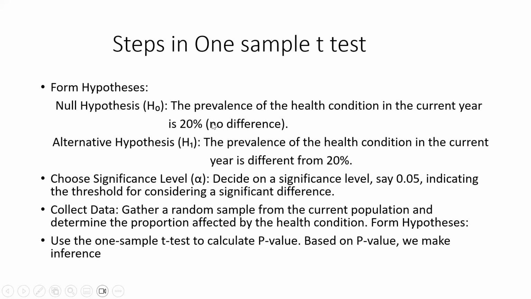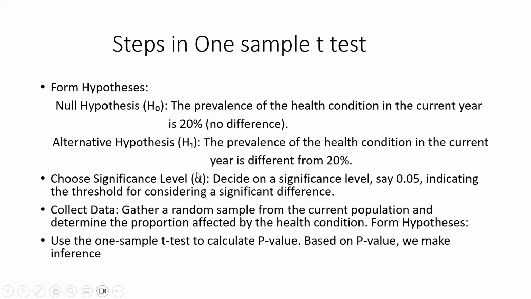In the alternative hypothesis, we are saying the prevalence of diabetes mellitus in the current year is different from 20%. So in 2023 the prevalence is 20%. In the null hypothesis, we are saying the prevalence is the same for 2023 and 2024, but in the alternative hypothesis, we are saying it is different between 2023 and 2024. So this is our hypothesis.